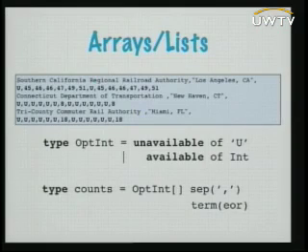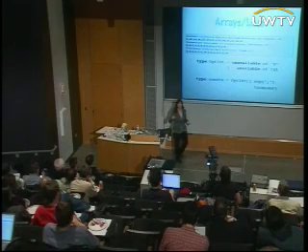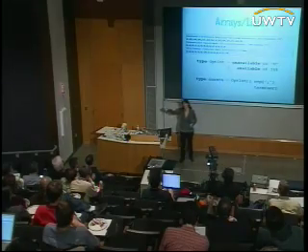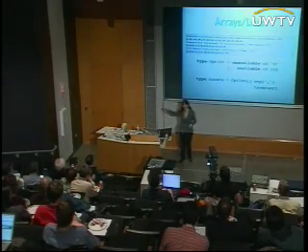So here, this is another modifier to the array that specifies it should stop as soon as it sees the singleton type of end of record. So what this means now is that we will have an array of optional integers separated by comma and terminated by the end of the record. So now it will continue to consume integer, comma, integer, comma, integer, comma, and so on until it gets to the end of the record.